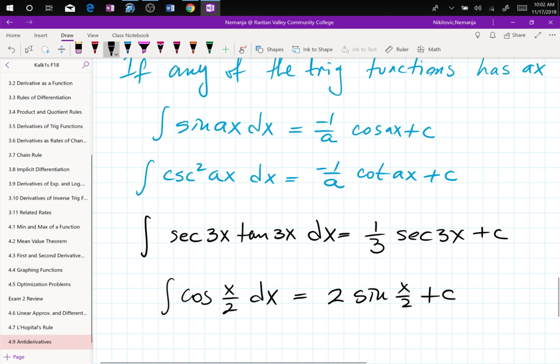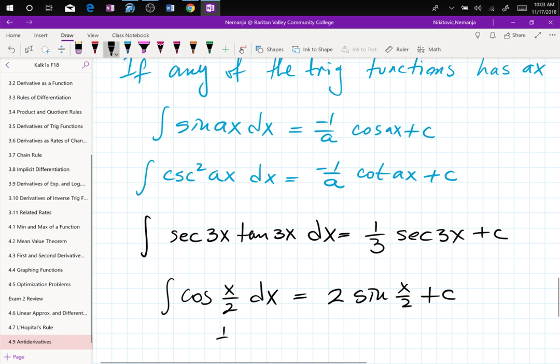What happened? Integral of cosine is sine. No, the one before, the secant 3x tangent 3x, 1/3 secant 3x plus c, yes. Because the formula is 1 over a. And if your a is 3, then it becomes 1/3.